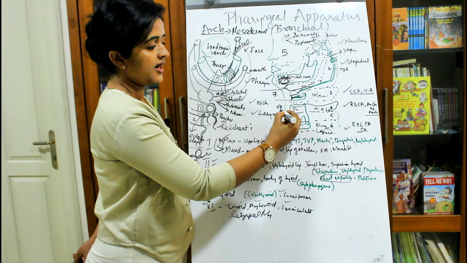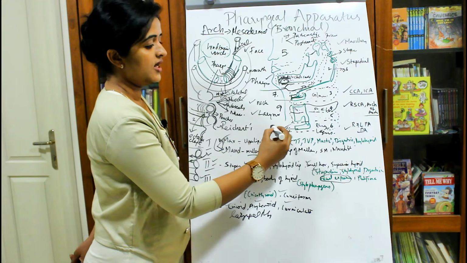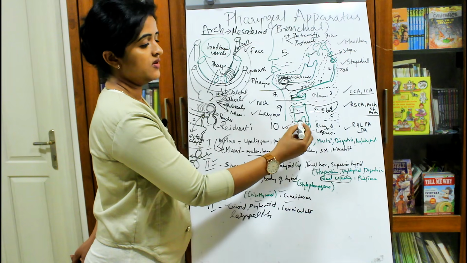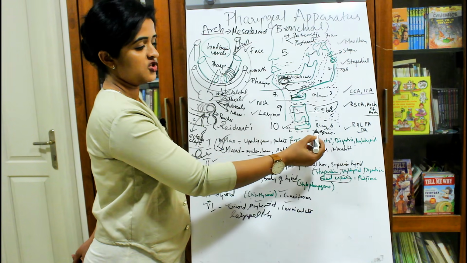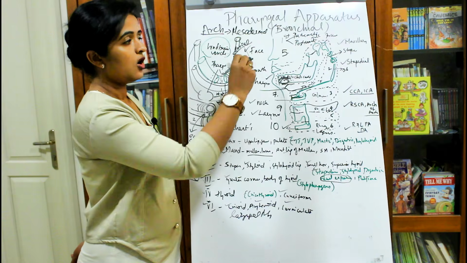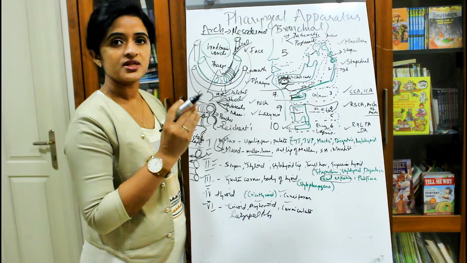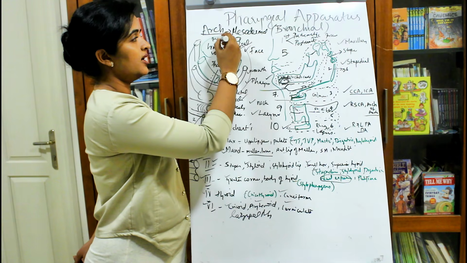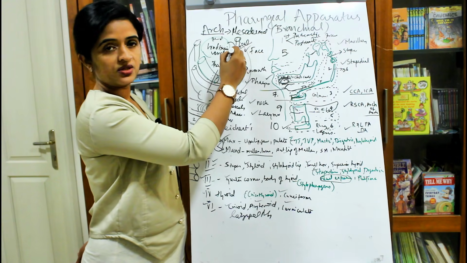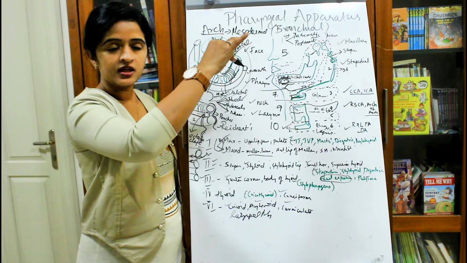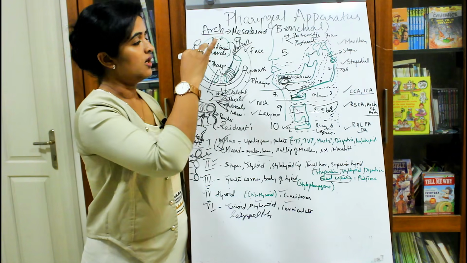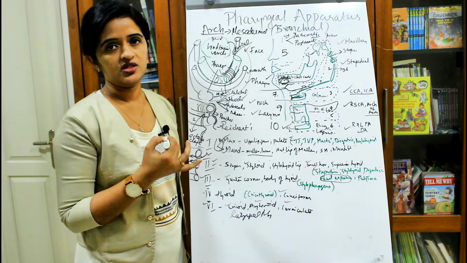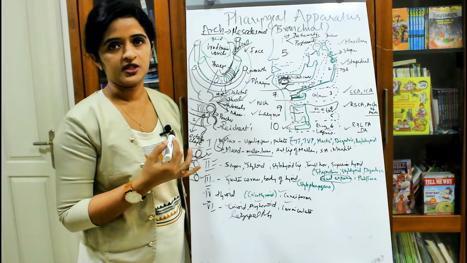Then you have the ninth nerve, the glossopharyngeal nerve, and the 10th nerve, which gives the superior laryngeal and recurrent laryngeal nerves. All these nerves 5, 7, 9 and 10 come from the midbrain and hindbrain vesicles from the posterior aspect, and they run through the pharyngeal arches from posterior to anterior, from the dorsal to the ventral aspect.